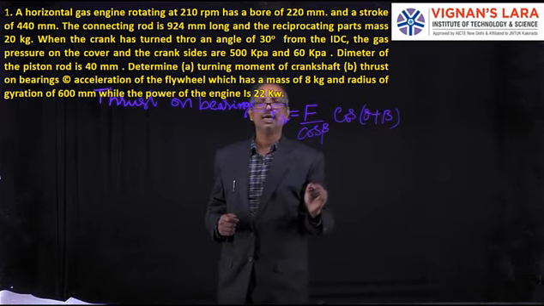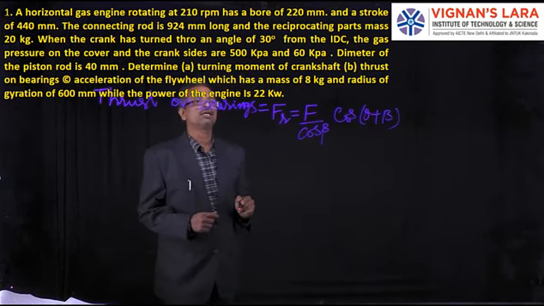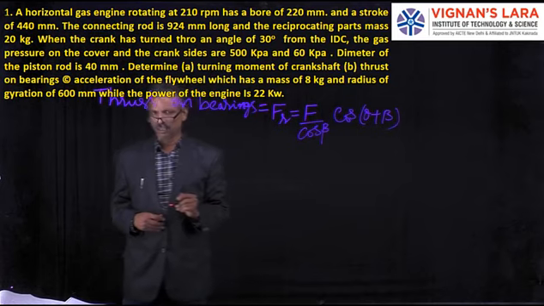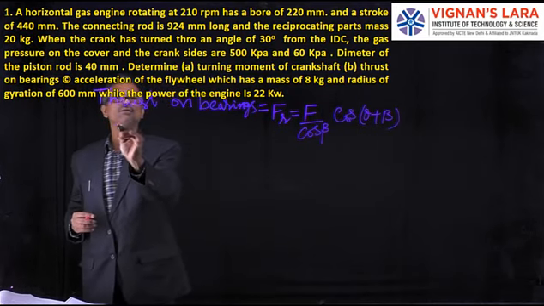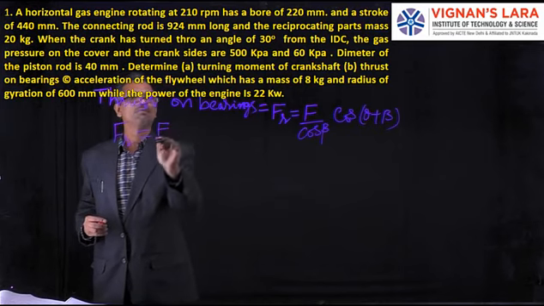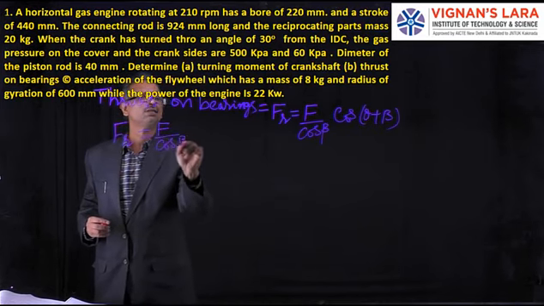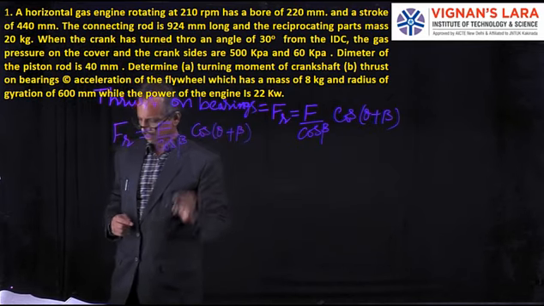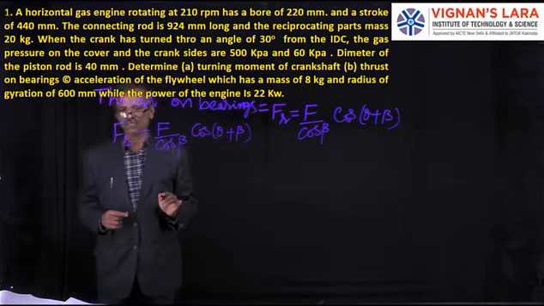This is a direct substitution. Fr is equal to F by cos beta into cos theta plus beta. Already all the values we have.